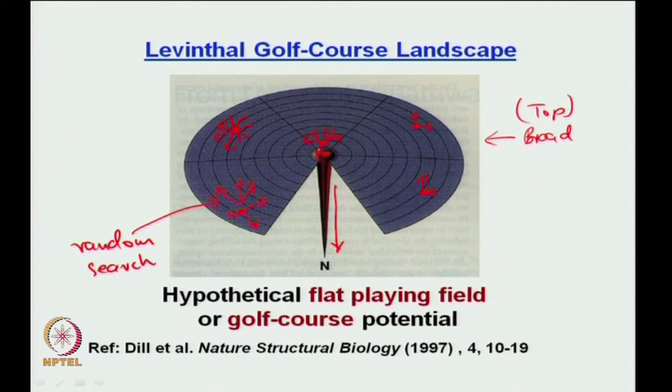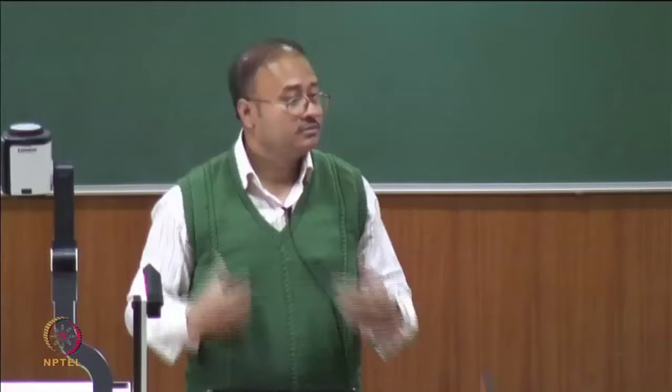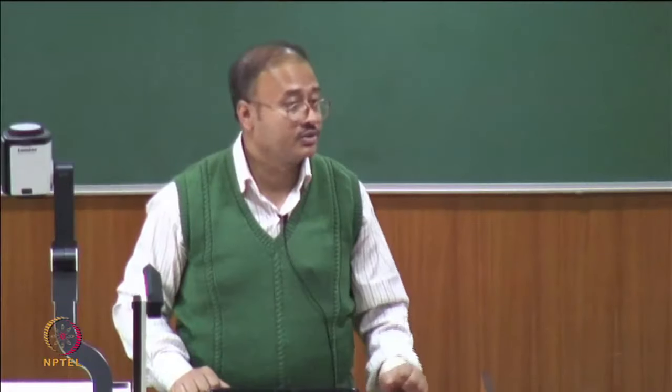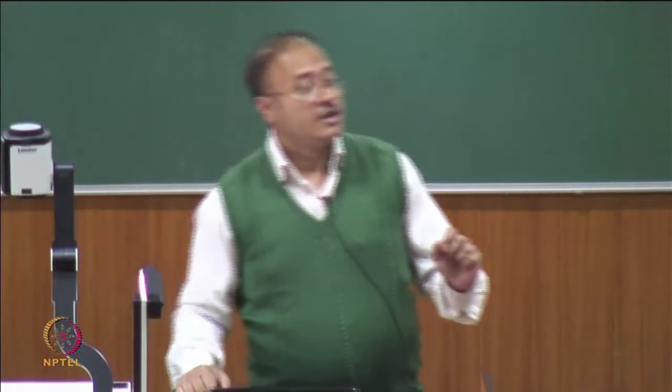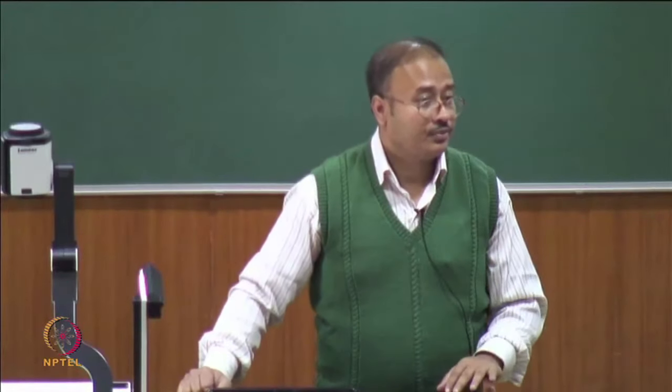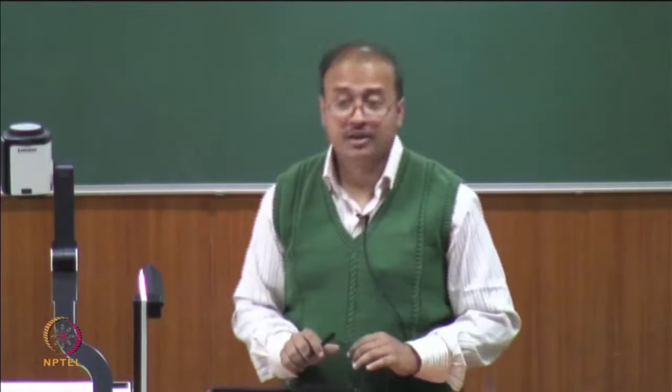That means only a very small fraction of the total space of unfolded conformations would actually be able to go to the native state in a decent amount of time. For the others, you never know. This is based on this picture. So, that was the problem behind taking a golf course landscape or a flat landscape. Okay. Is it clear to everybody?